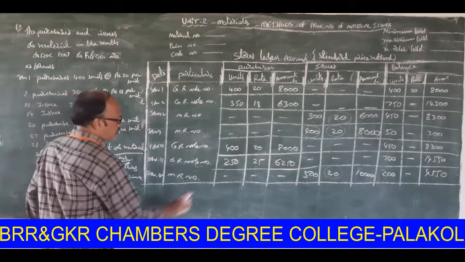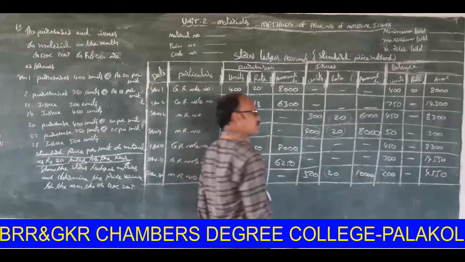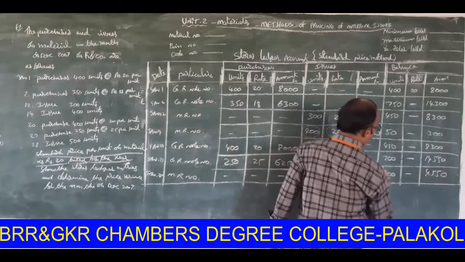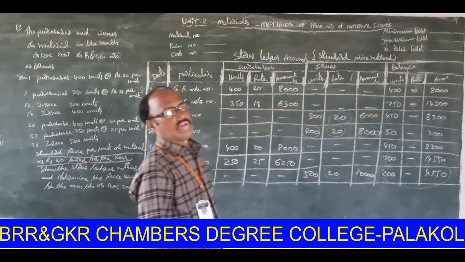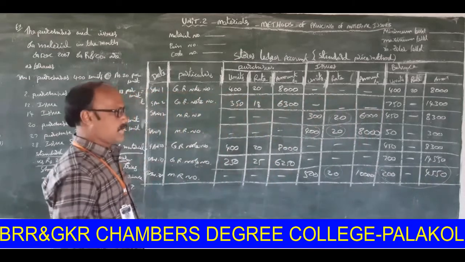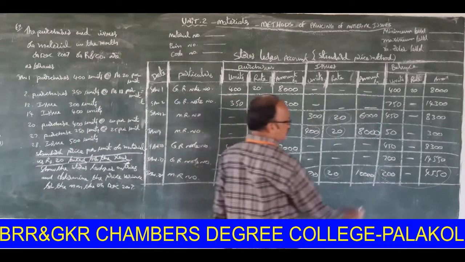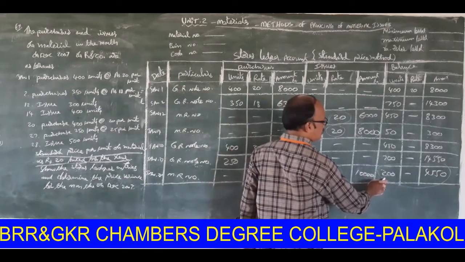This is the closing stock value. The closing stock value for 200 units is 4,550, the closing stock value in the stores ledger account.